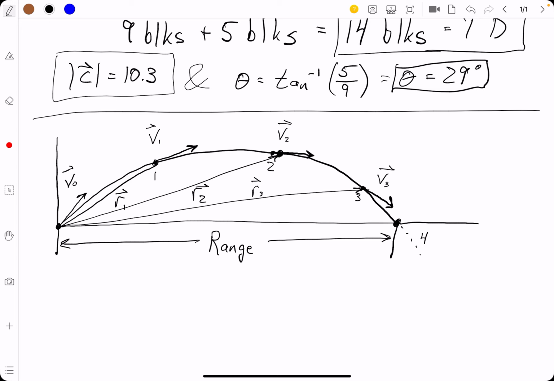These are positional vectors, so positional are Ri vectors. Velocity vectors, those are Vi.